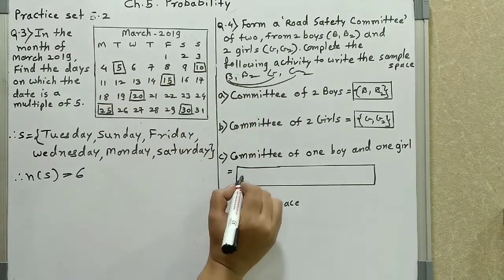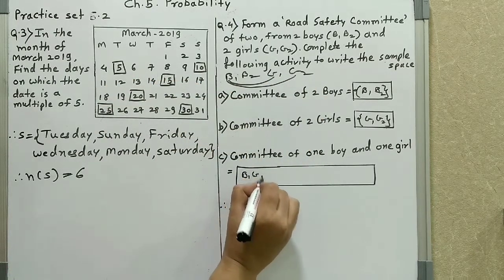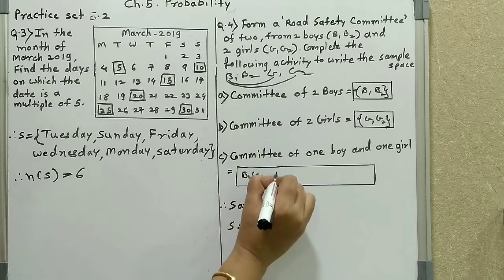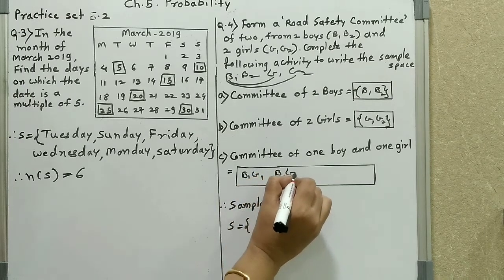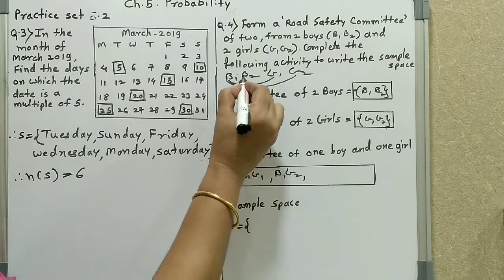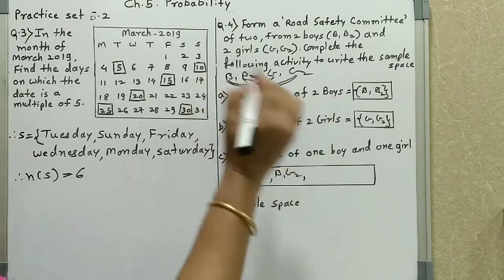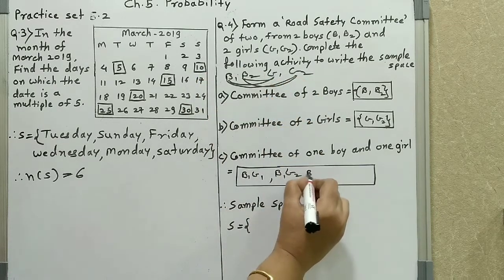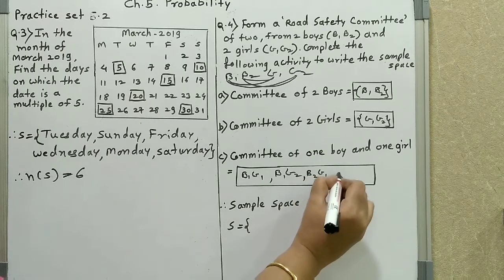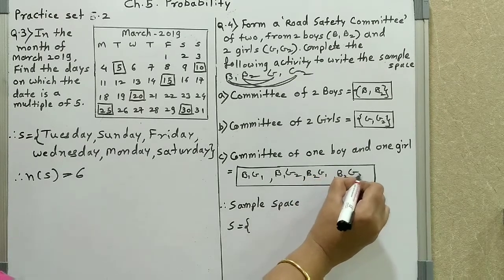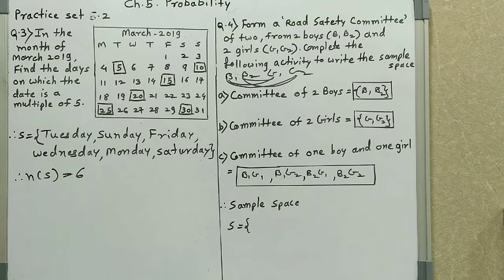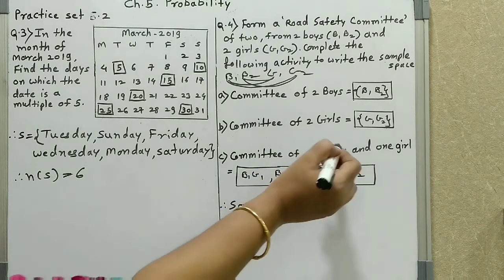So we write here B1, G1, then B1, G2. Then B2 combined with G1 and G2 also. So we write here B2, G1 and B2, G2. So these are the 4 committees of 1 boy and 1 girl.